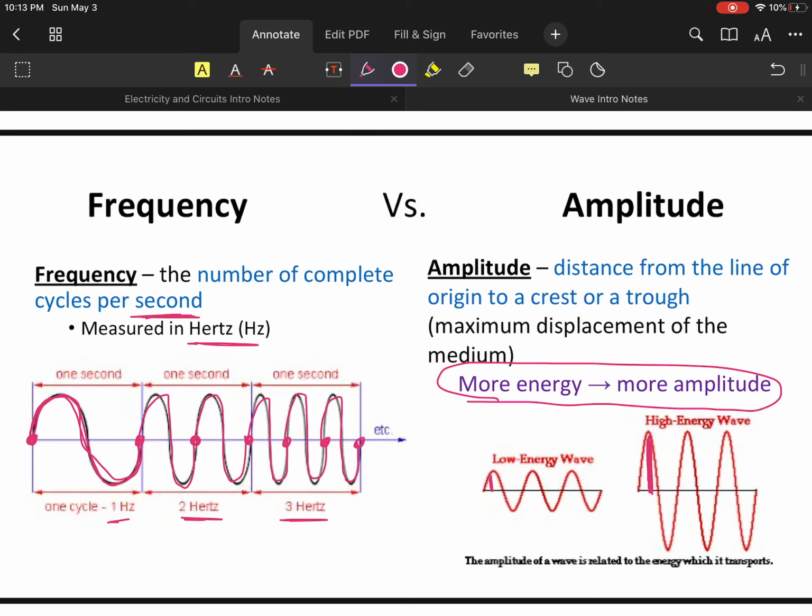The object that has the most mass is going to make the biggest splash because it's carrying the most energy. If you jump into the water, you're going to make a big splash. You're going to make some waves, right? Those waves are going to be higher or taller than if you just dropped a pebble into the water, because you're carrying more energy than that pebble is.